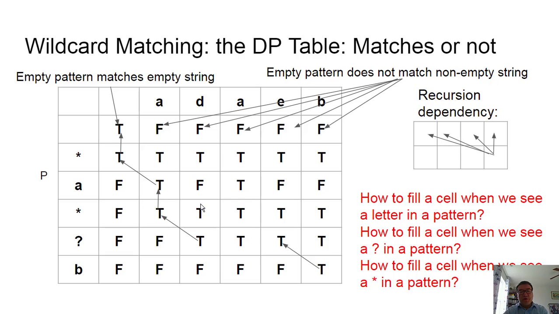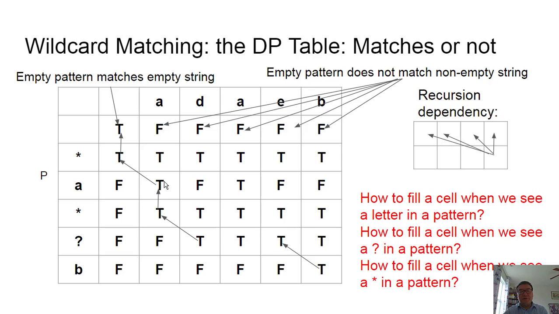So when we go up, if we see a false, we need to keep going left. The moment we see a true, this one can be a true, because all the things that can be after this match can be matched with the star. So when we see a star, we go up, and then we keep going left. The moment we see a true, we know this is true.